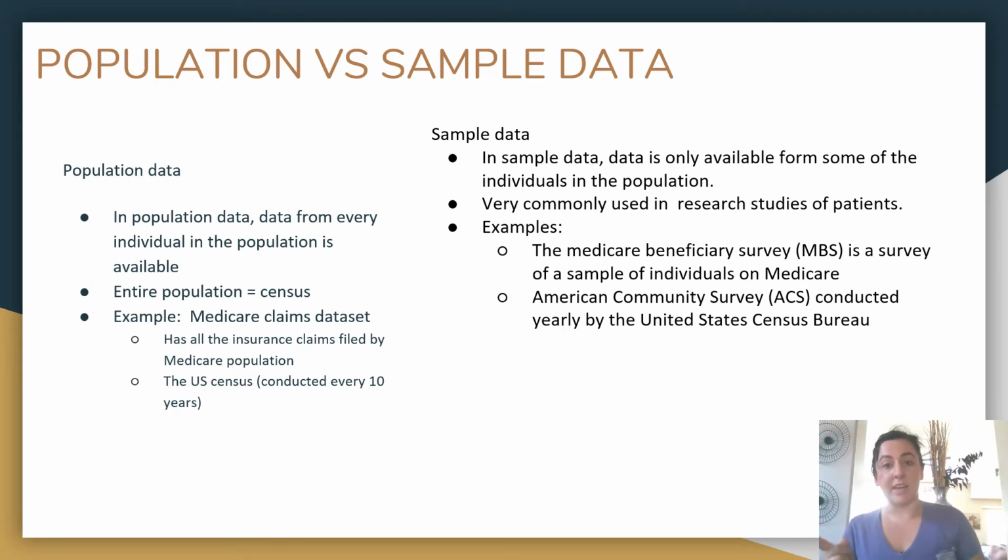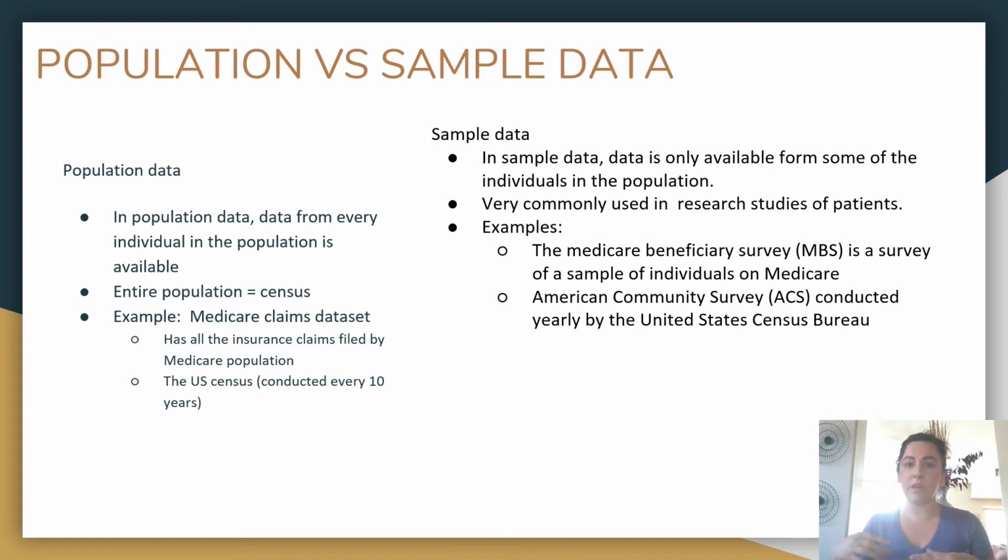Now, with sample data, on the other hand, you're not getting all the data from each individual. You are just taking a portion of the individuals within that population, and you're assuming that the sample you chose to collect data from is going to represent the population.